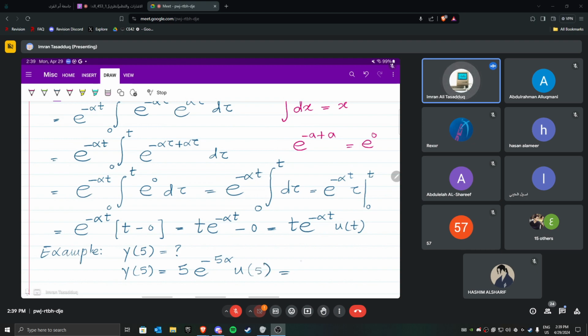Since u of 5 is 1, it's going to be 5 e to the power minus 5 alpha. Clear? Okay. All right, now let's move forward.